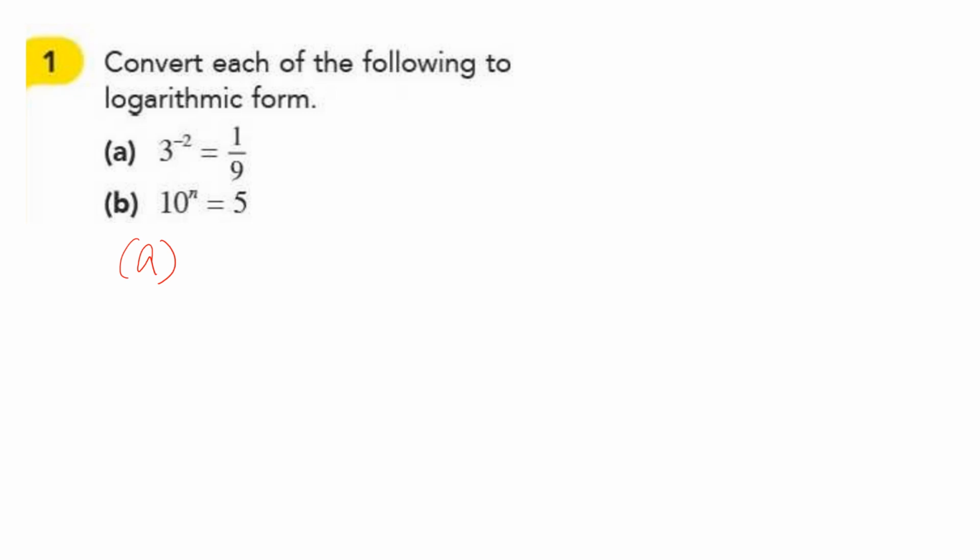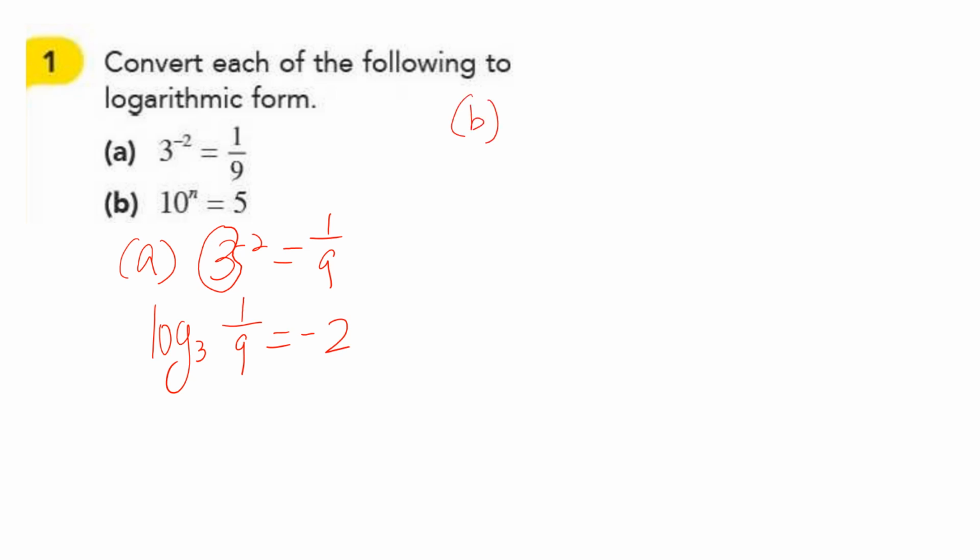Okay, that they always start with the base. And in this case here, the base, this guy here is base. 3 is the base. So log, then the base. Okay, and then 1/9 equals to your power. Okay, so you look at B. So it's very easy. Once you just remember what I've said, start off with the base.